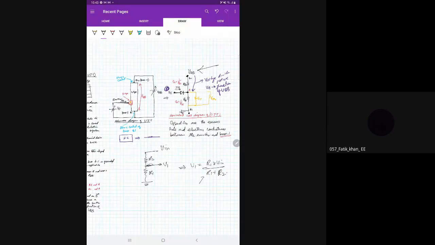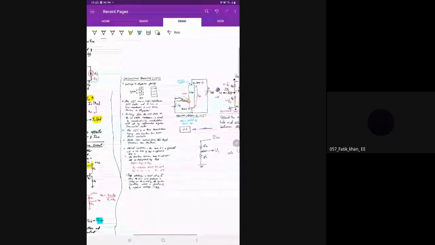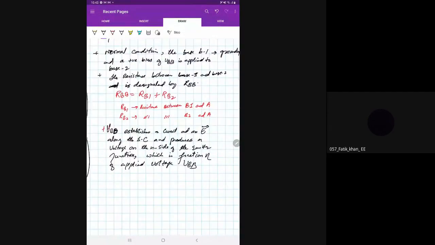So it is a fraction of the voltage applied. Similarly, the voltage applied at point A is a fraction of VBB. So what is the job of VBB? VBB establishes the current and an electric field along the semiconductor bar and produces a voltage on the N side.